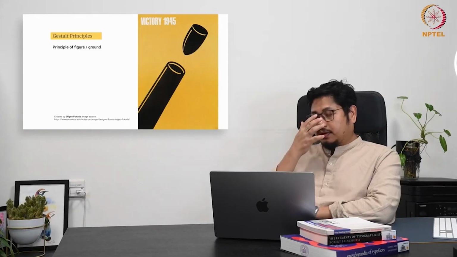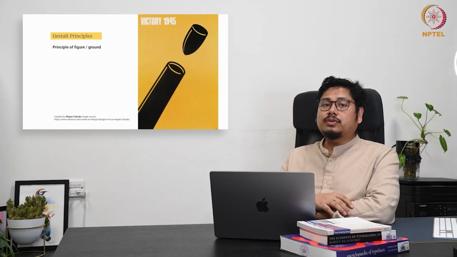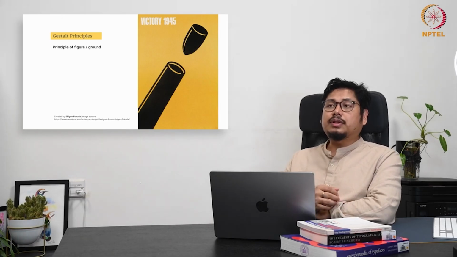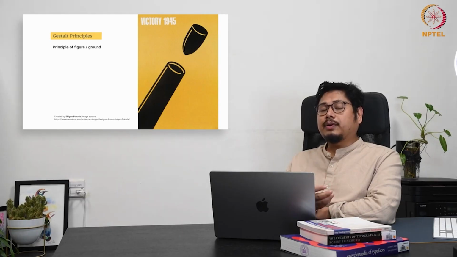Okay, so if you are trying to create any kind of composition where the thought is projected in a very clear way, such a composition always brings clarity to the overall information which you are trying to project.